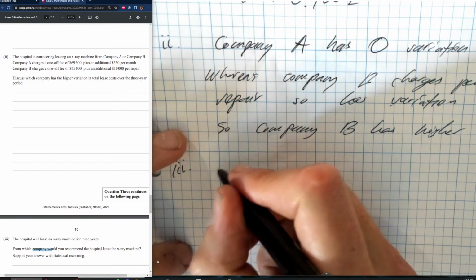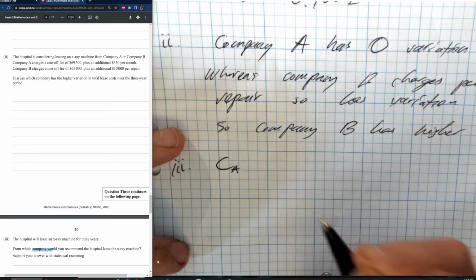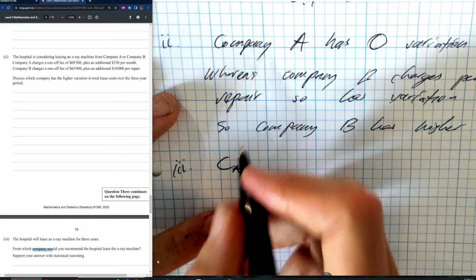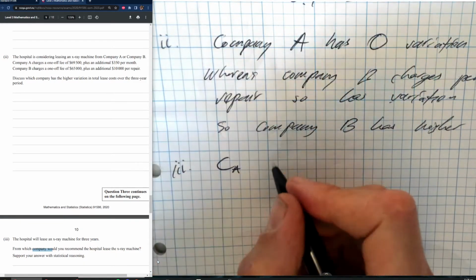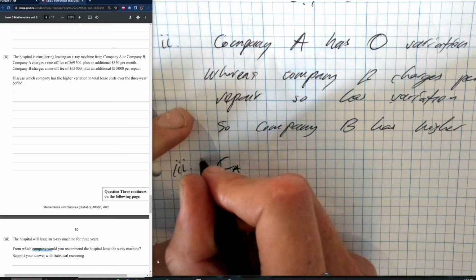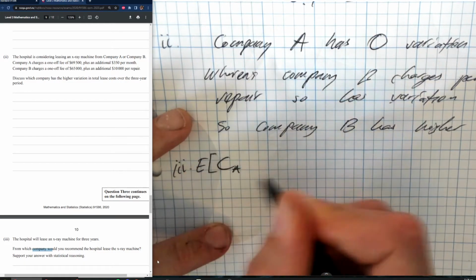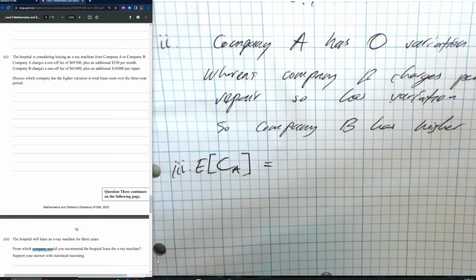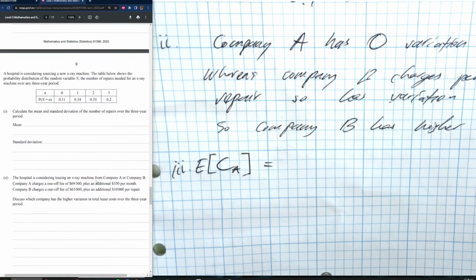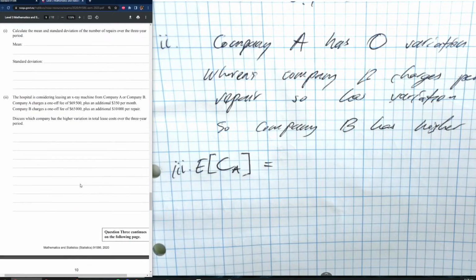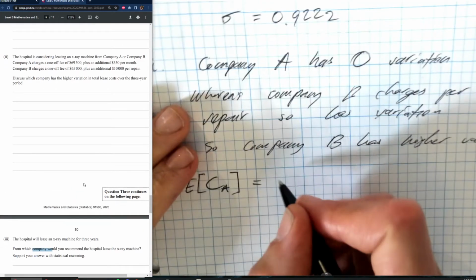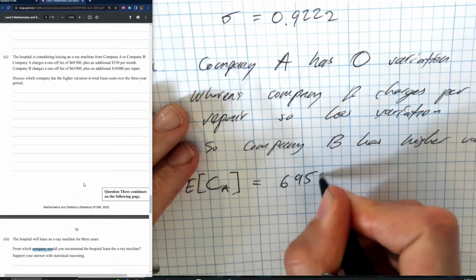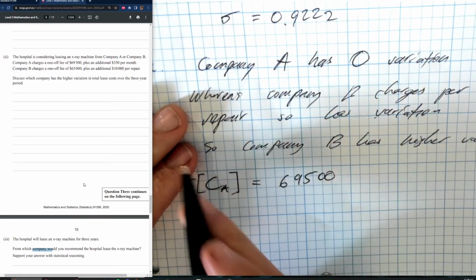Okay, so let's work out company A. Expected value of company A is going to be the one-off fee, 69,500. Right, that's what they have to pay.